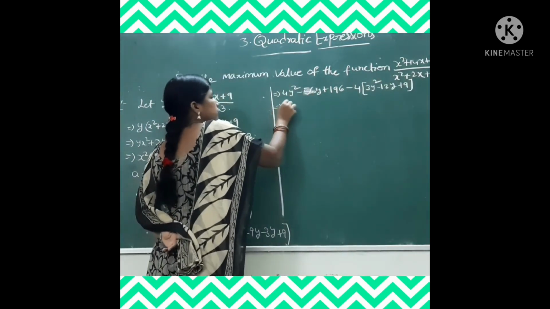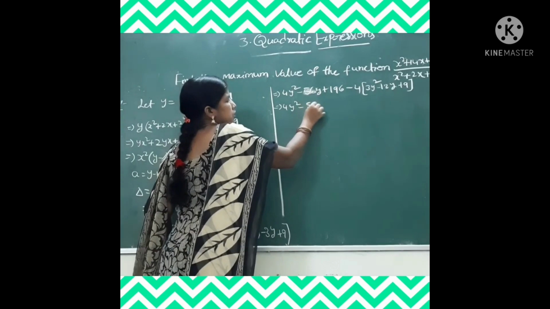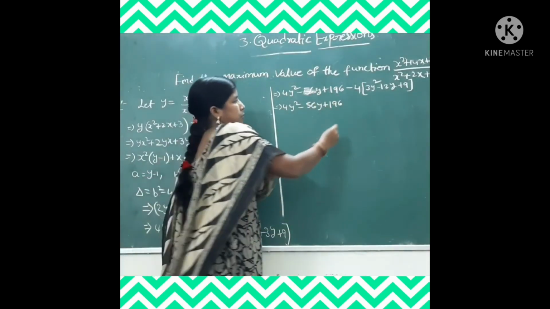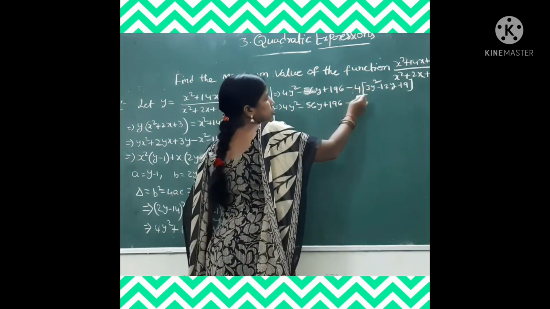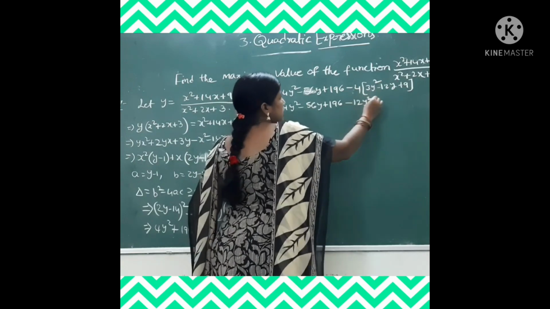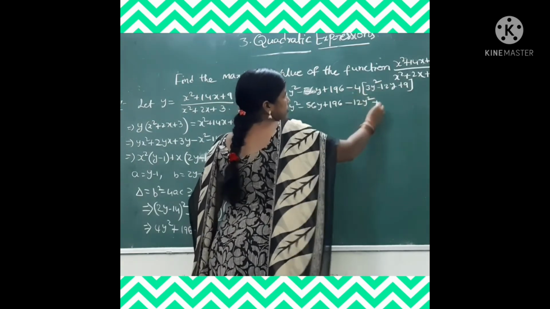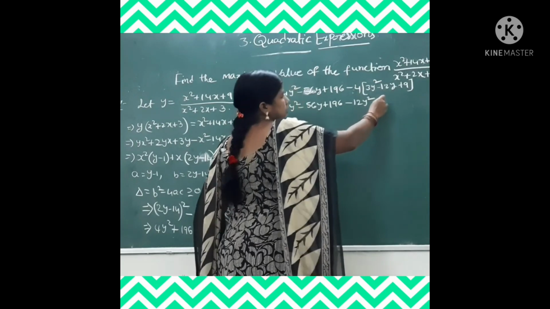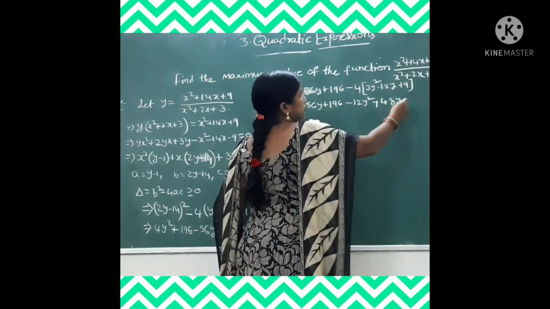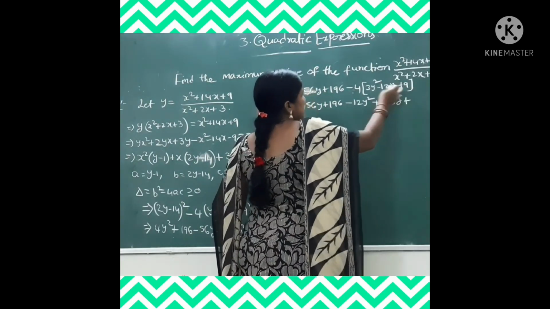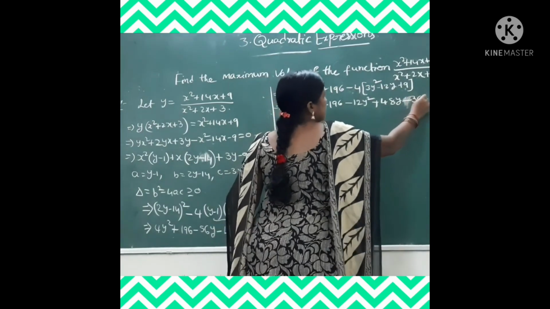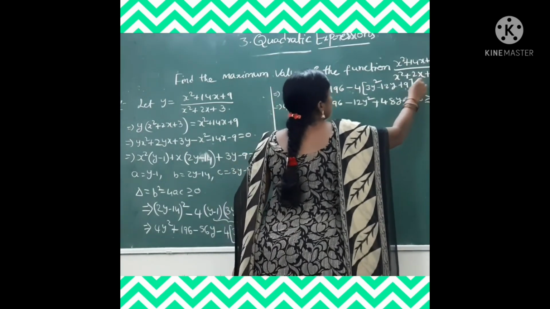Okay. Now 4y square minus 56y plus 196 minus here 4 threes are 12y square, and minus into minus is plus 12 fours are 48y, plus into minus 9 fours are 36. Okay, this is greater than or equal to 0.